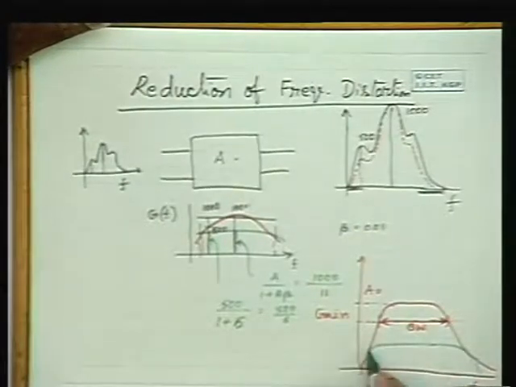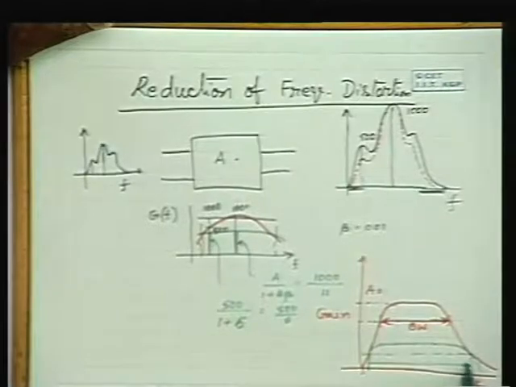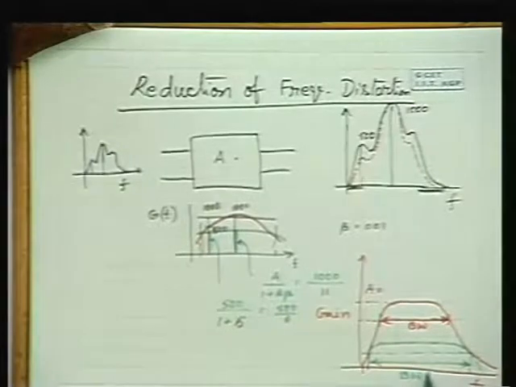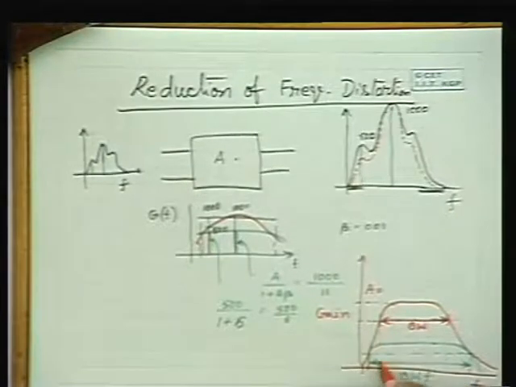And for this amplifier, the 3 dB bandwidth is, say this. So this is the bandwidth with feedback. Please note that the lower cutoff frequency decreases and the upper cutoff frequency increases with feedback. So this is achieved at a loss in the gain.